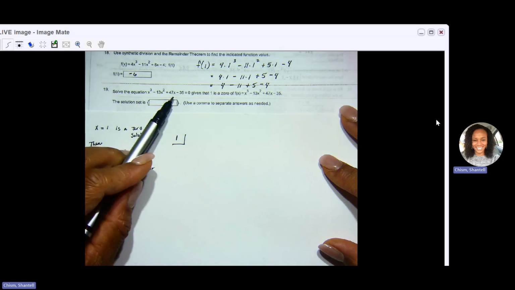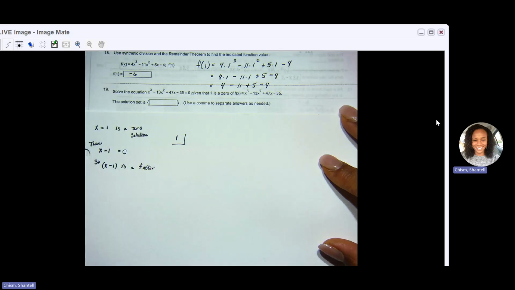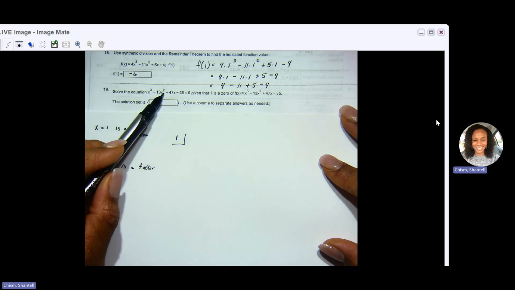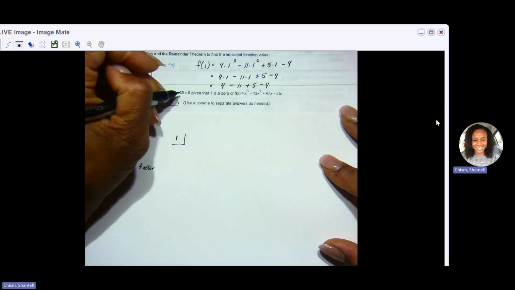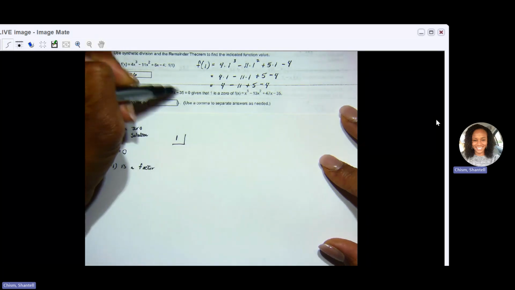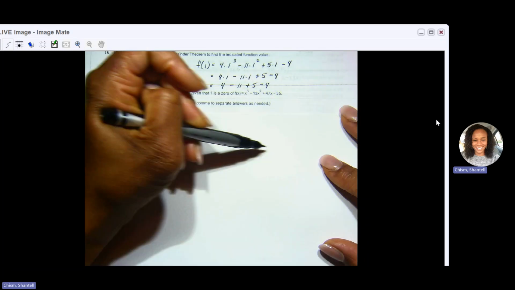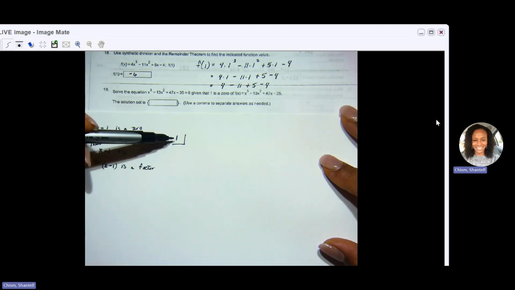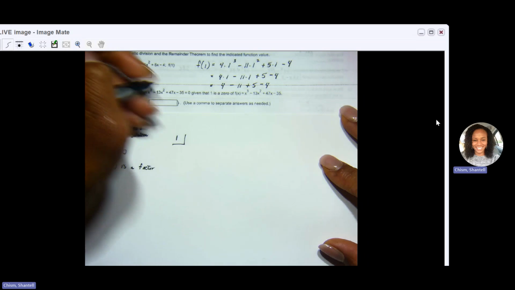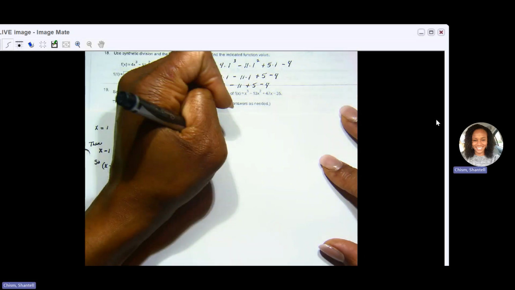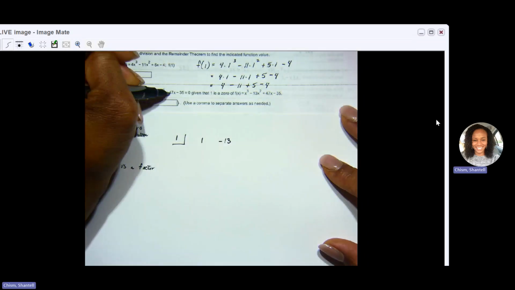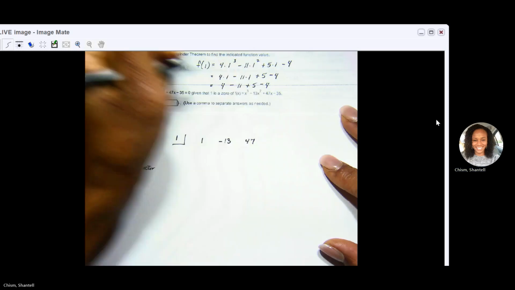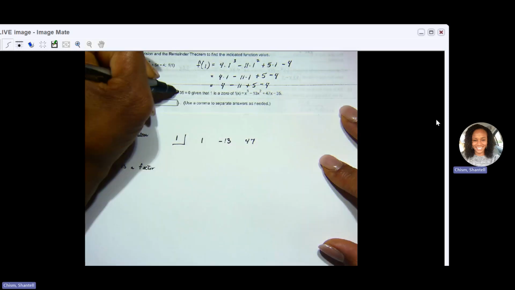Look at the equation, make sure you don't have any terms missing. You go from x cubed to x squared to x to your constant. So take the coefficients of your terms along with the constant and write them in a row beside that 1, okay? So 1, negative 13, 47, and negative 35.